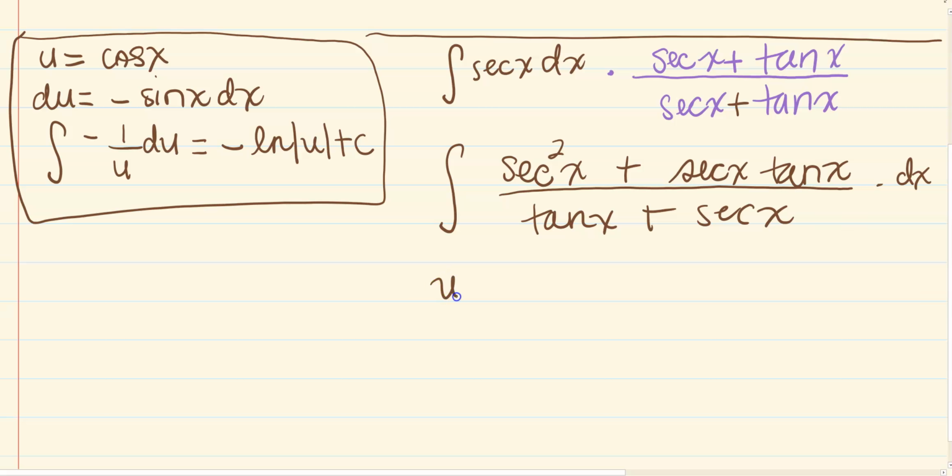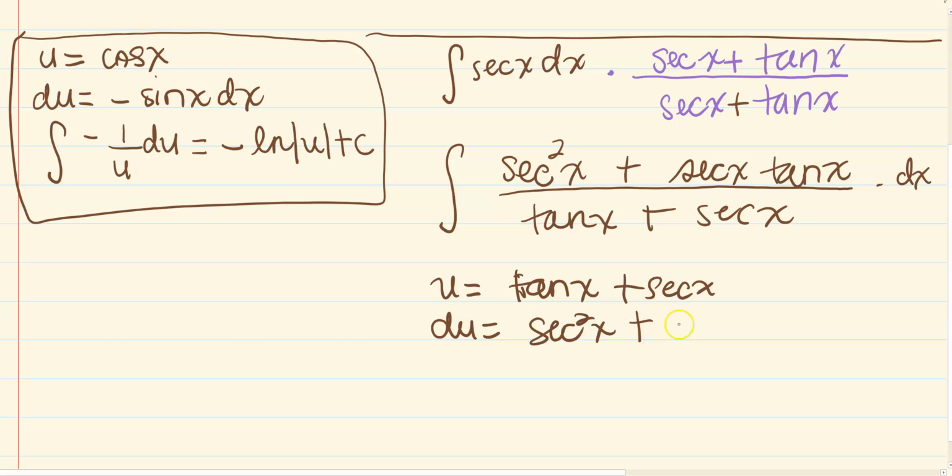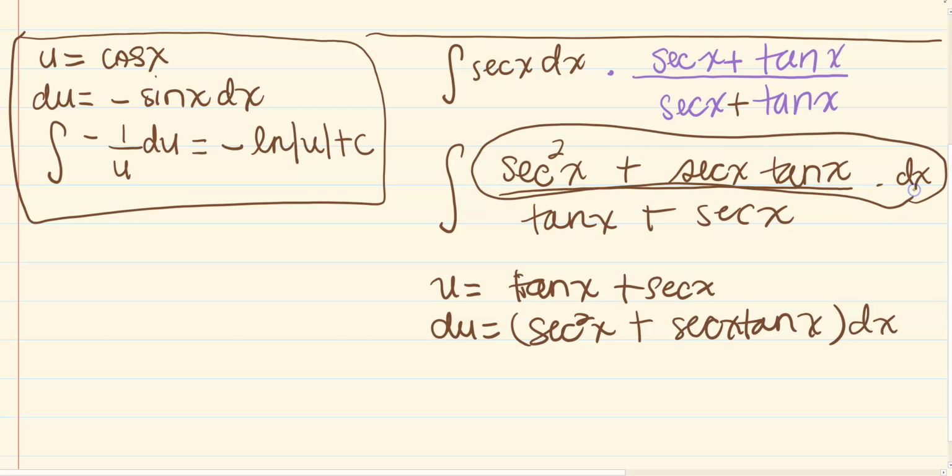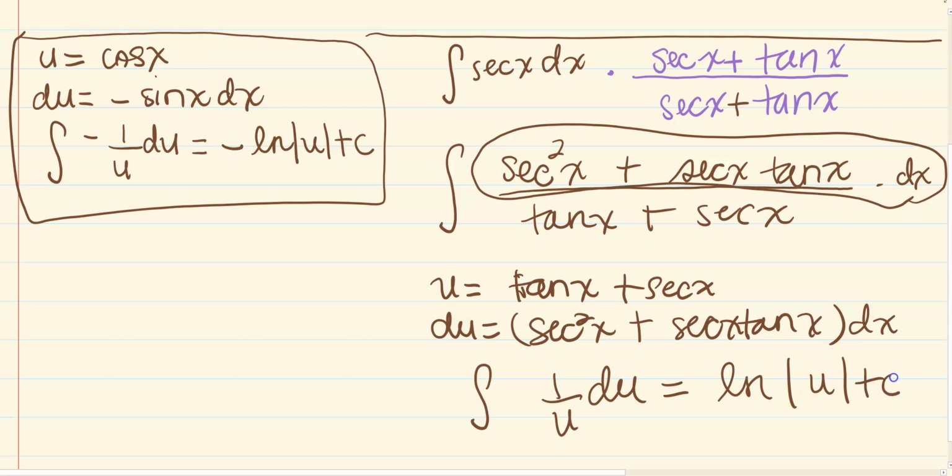If I let u be tangent x plus secant x, then my du would be secant squared x plus secant x tangent x dx, which is exactly this part right here. So that integral will just be the integral of 1 over u du, which gives you ln of absolute value of u plus c.